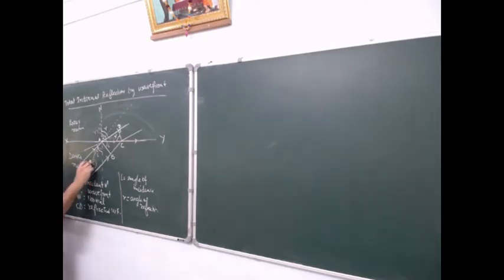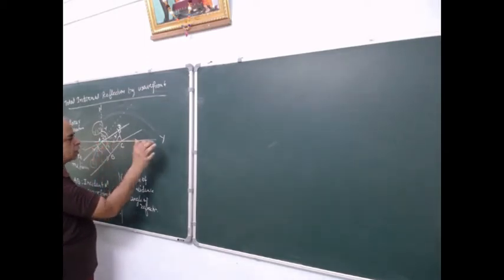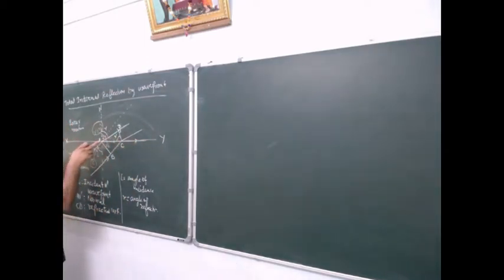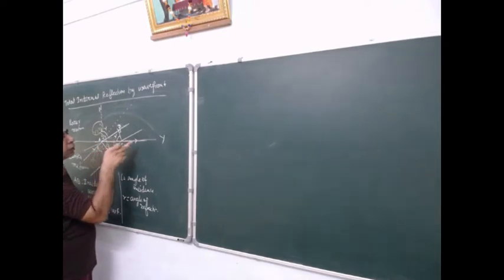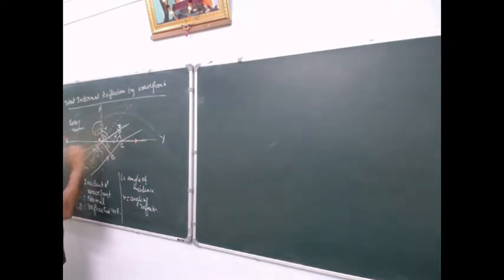This is C and R is equal to 90 degree. When the angle of refraction is 90 degree, what do you mean by that? The refracted ray just touches, that is grazes, the line of separation of the medium or refracting surface, and that is 90 degree. Therefore, the respective I is called the critical angle.